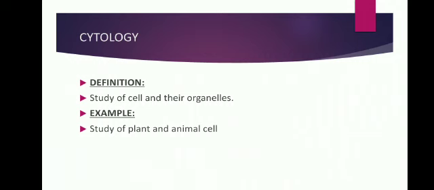Our next branch is cytology. The word cyto means cell and the word logy means study. So the study of the cell is known as cytology. This branch deals with the study of cells and their organelles. For example, the study of plant and animal cells.